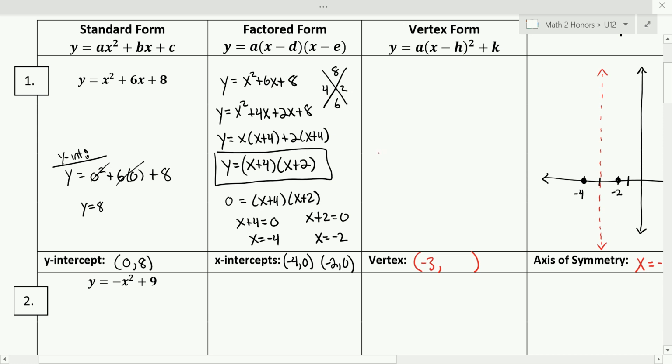As you're working through these, it's probably safer to use the form that was given to you, because you know there's no errors in it. If you factored, there's a possibility that you made an error. So if you use the form that was given to you, you're less likely to make an error. So I'm going to take my standard form, y equals, and plug a -3 in.